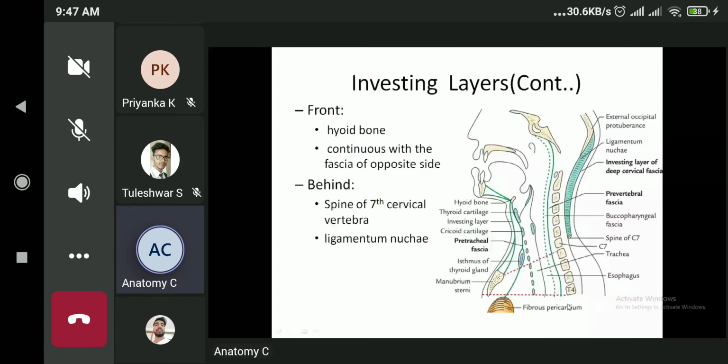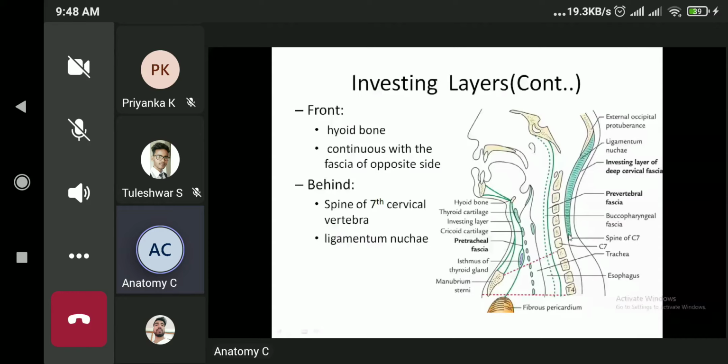Inferiorly, the spinous process of scapula, acromion process of scapula, superior border of clavicle, and then the manubrium sterni. The anterior attachment is from the base of mandible to the hyoid bone, and from there to the upper border of manubrium sterni, and obviously these two opposite structures are continuous with each other in the anterior midline of the neck. Posteriorly, it is attached to the ligamentum nuchae and the spinous process of the seventh cervical vertebra. So this is about the attachment of the investing layer.